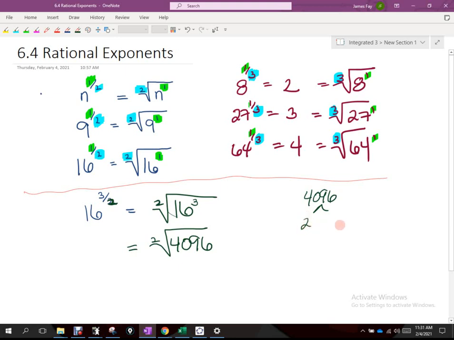We would go 2 into 4096, 2048 here. Then let's do this easier. So it's 1024, 2 into 1024, that's 512, 2 into 512 is 256, 2 into 256 is 128.